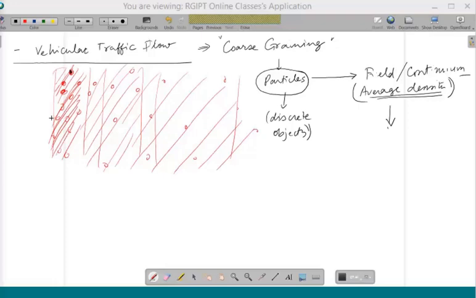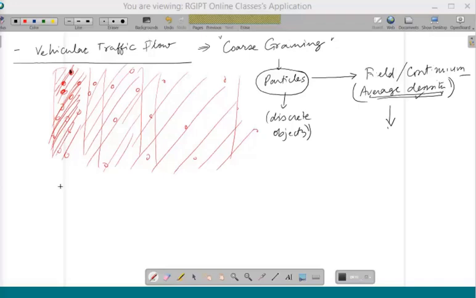But if you talk in terms of density of particles, you are only concerned with density, and that reduces your modeling effort by a significant fraction. All you need to do is talk about density, and we already have a model for how density may vary, because we can define flux in this case as well.